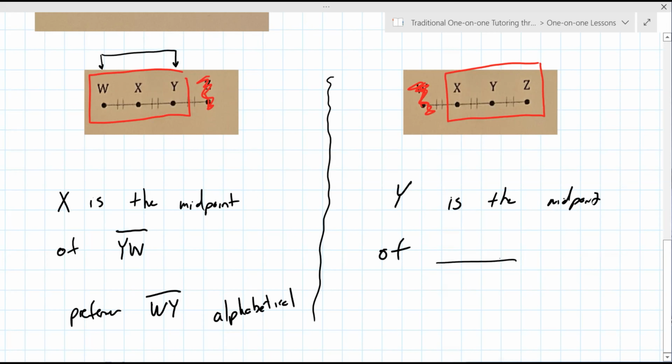What is it the middle of? Of X and Z. Okay, all right. Let me know when you get all that down and then we'll move on. Great.